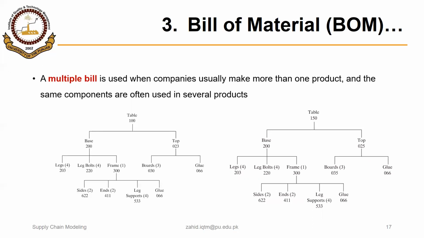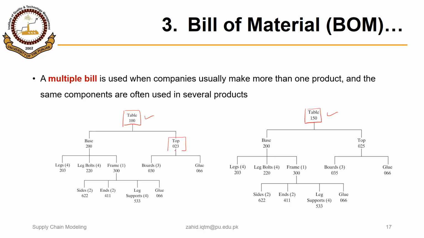Now we are talking about the logic of ERP or MRP software. So the important point, shown here with the help of two figures, is that the product is the same. We are talking about tables, but this table has a code of 100, this table has a code of 150. So both are tables, but they have different codes because some characteristics are different. For example, their top is different.